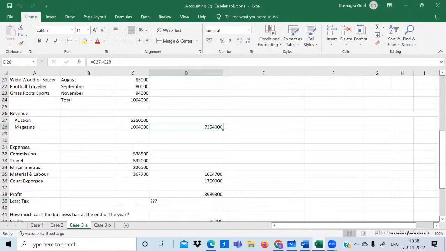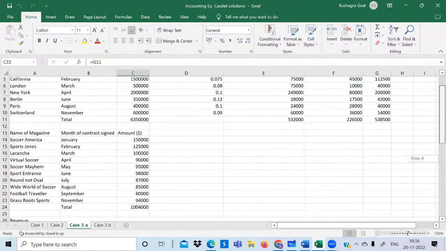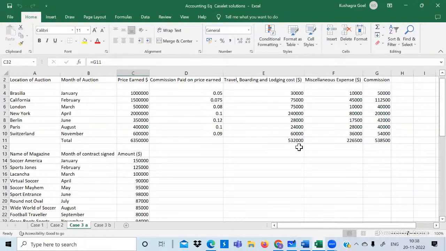Then if you move down, what I've done is I've taken all my expenses. My expenses were commission cost, traveling, boarding, lodging cost, and the miscellaneous expense. So this was 5,38,500, which is my commission cost.